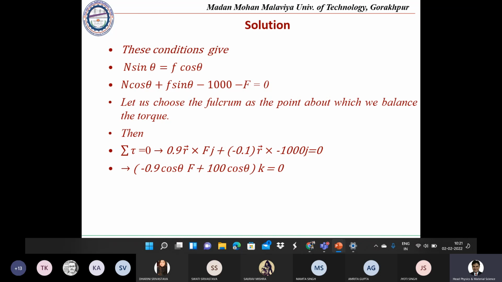तो ये हो जाएगा -0.9 cos theta F, और दूसरे वाले में अगर हम लेंगे ये, तो ये चूंकि हमारा जो फलक्रम से लेफ्ट हैंड साइड में है इसलिए 10 सेंटीमीटर वो भी माइनस है, और 100 न्यूटन नीचे की तरफ लग रहा है वो भी माइनस है, लेकिन ये x और y डायरेक्शन में इनके कंपोनेंट लिए गए हैं, and that gives minus 0.9 cos theta F plus 100 cos theta, and that will be equal to 0.